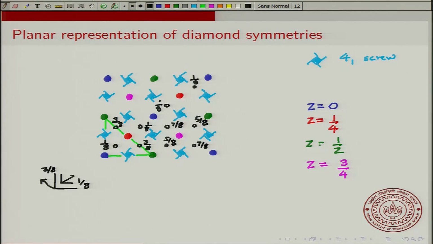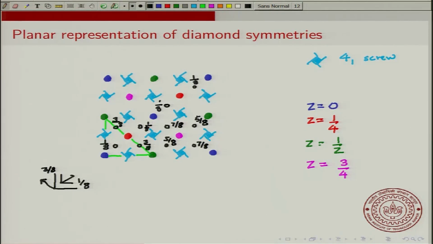And I am not showing the other parts of this unit cell. Essentially what I am trying to say is that you just need to know the symmetries of this asymmetric unit, or where the symmetry elements are, and essentially you are done.